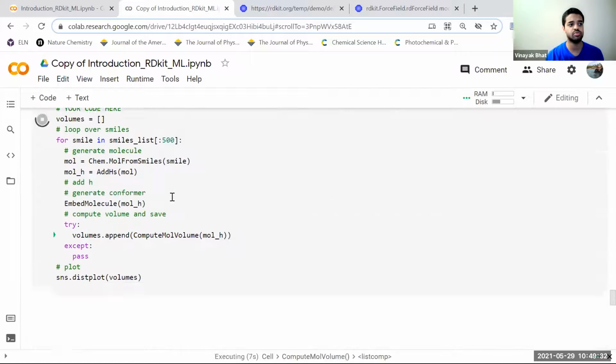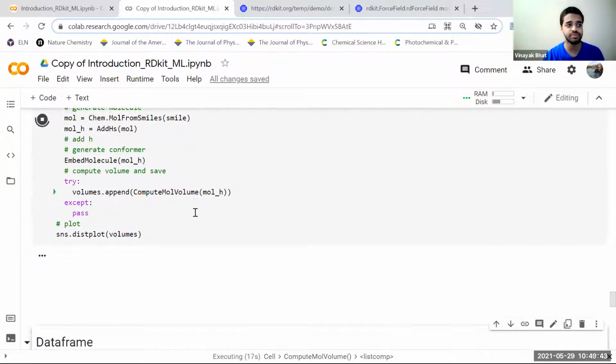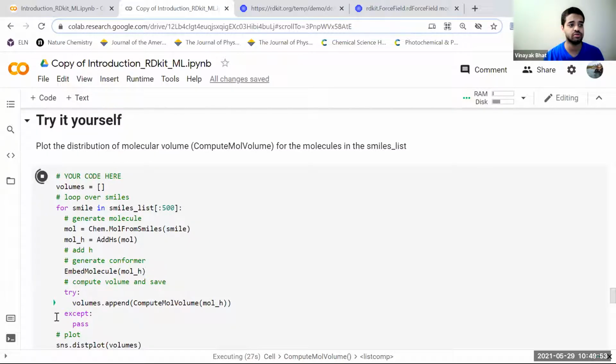Sometimes the molecule generation is not that good, so the embedded molecule doesn't work that well if your conformer is too tricky. Okay, this thing should work, and it's going about here, and you can see that thing moving. It does take some time to do that, but I'll just pause this one.